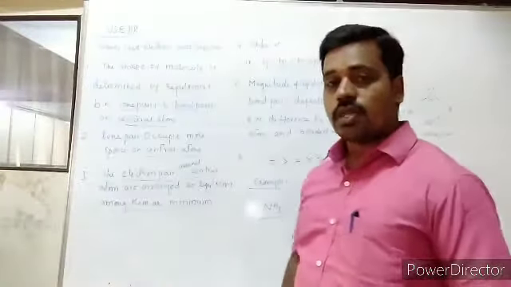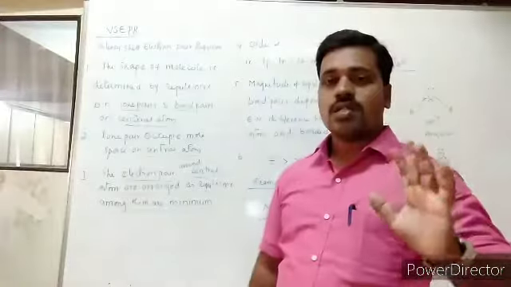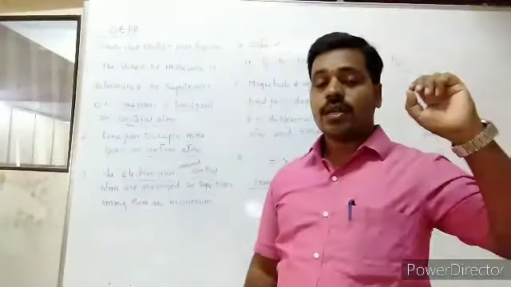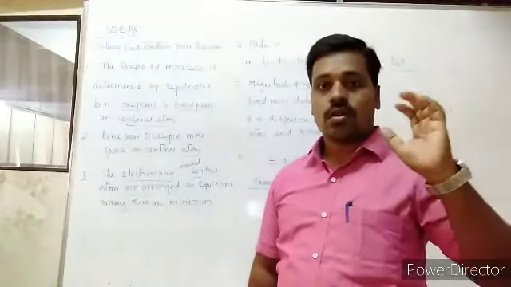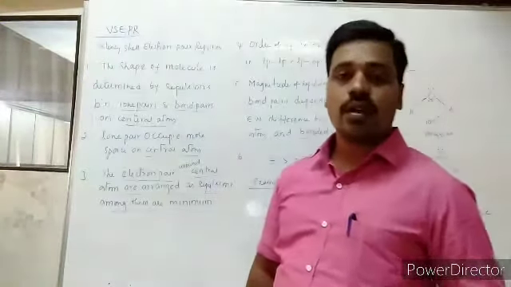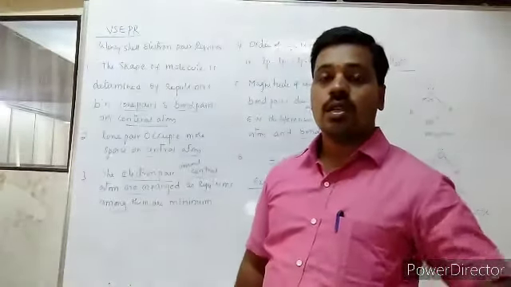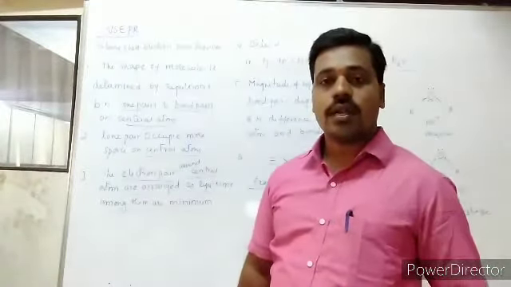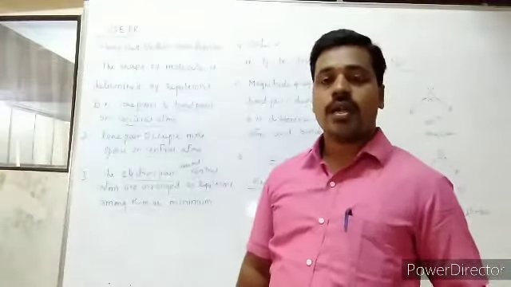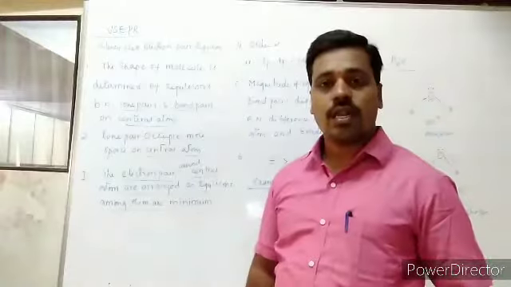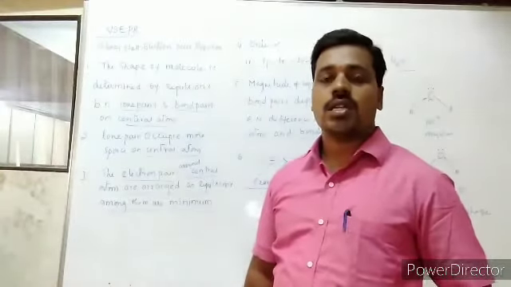So how can we calculate the magnitude of that repulsion? It can be determined by the electronegativity difference between the bonded atom and the central atom.